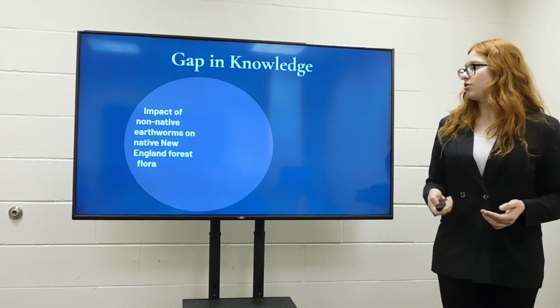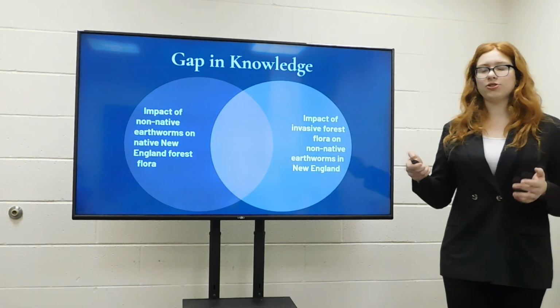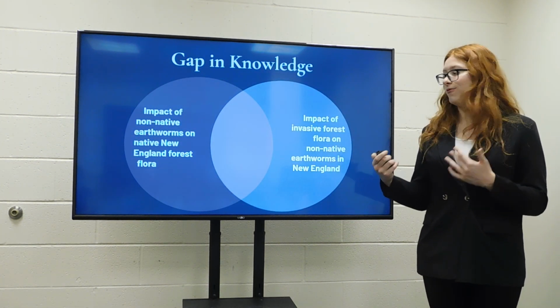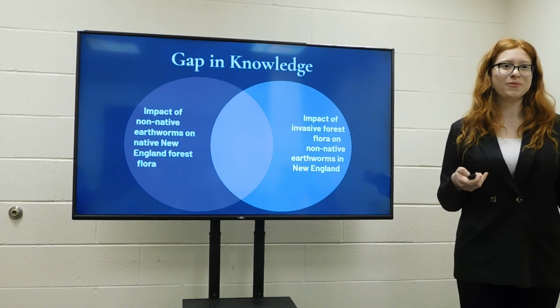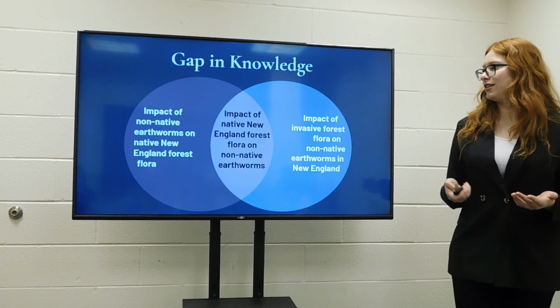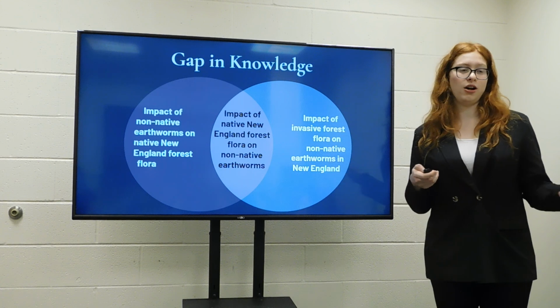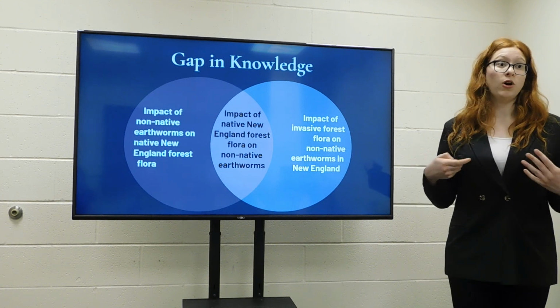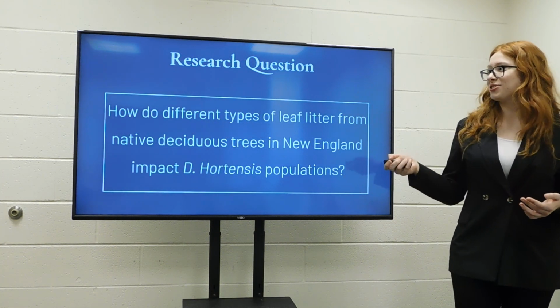While there's information on the impact of non-native earthworms on the environment, and there's information on the impact of invasive species on earthworms, there's no information currently on the impact of variations in native plants on earthworms, which is what I wanted to examine within my study, leading me to my research question.